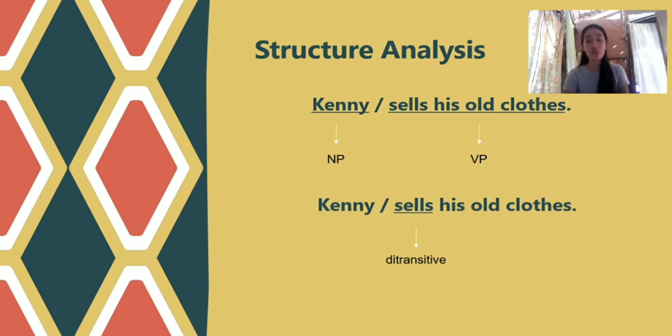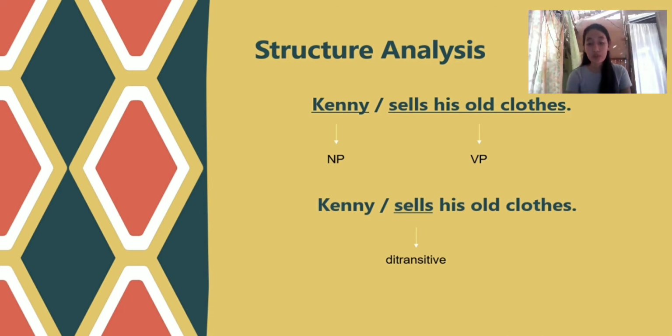The first thing to do is to identify where to cut the sentence to show the subject and the predicate. So we cut in between Kenny and sells his old clothes. So our noun phrase here is Kenny, while our verb phrase is sells his old clothes.